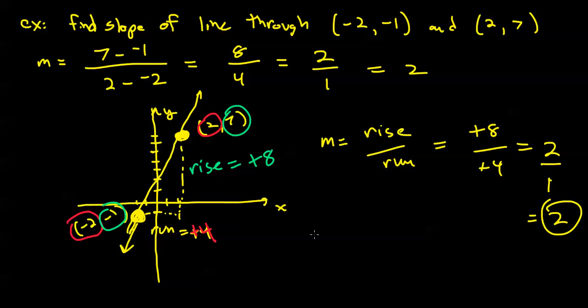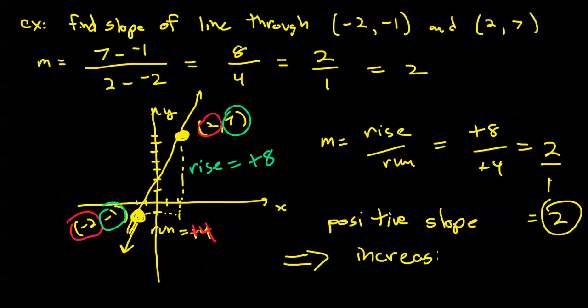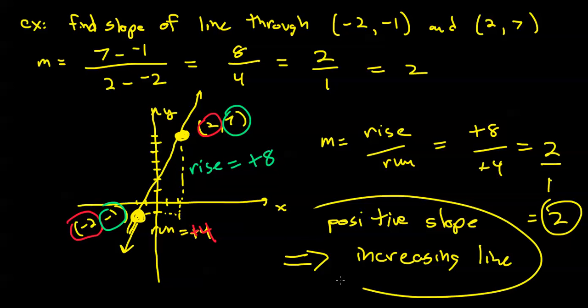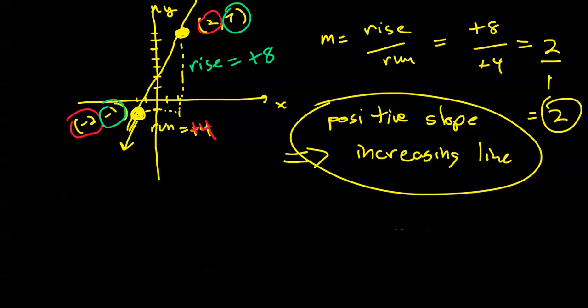Now another thing I want to highlight here, if you've got a positive slope, that means your line is increasing left to right. So positive slope, an increasing line. Negative slope, decreasing line, positive slope, increasing line.